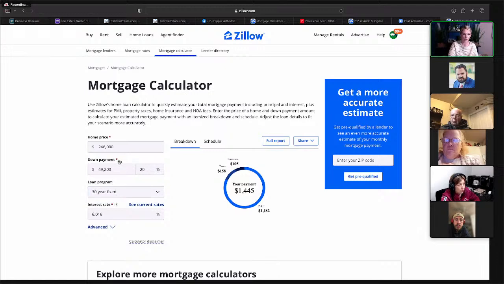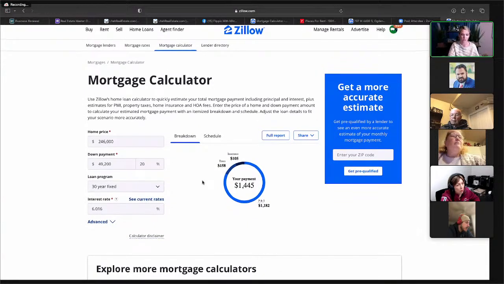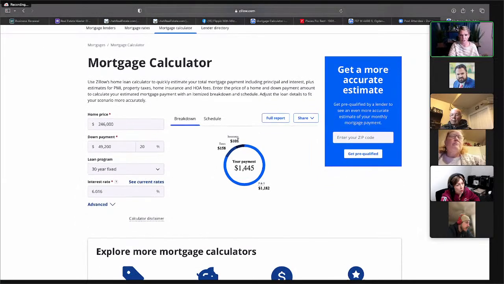Now this is saying 30 years, but if we wanted to change that, we can. That's the amortization schedule. It's saying your payment is $1,445, so that's our monthly payment. It does actually include insurance and taxes, which is nice.